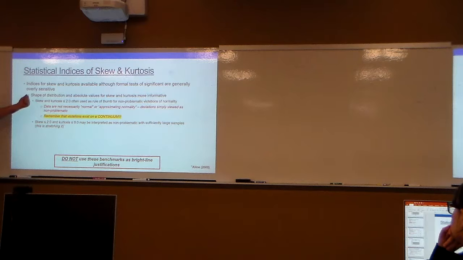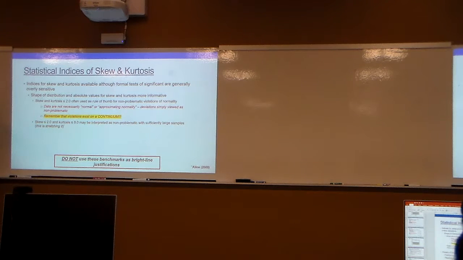What we're going to focus on is the absolute values of skew and kurtosis. Okay? And for skew and kurtosis, values less than or equal to 2 are often used as a rule of thumb for a non-problematic violation of normality. So if we've got, say, a skew of 1.5, that doesn't mean our data are normal or approximating normality.